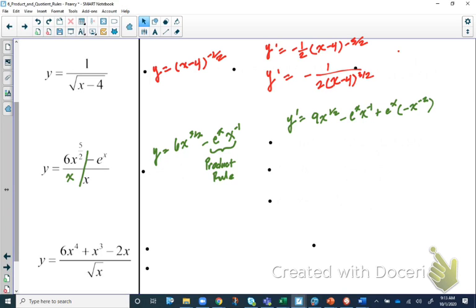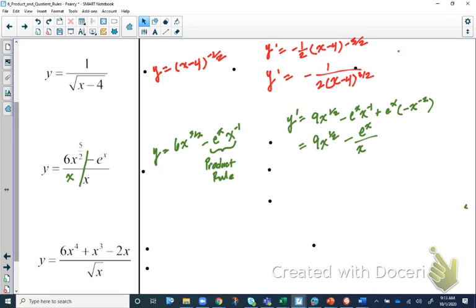And so you can see here that things aren't super pretty with what we have for the power rule. Now the first part, that's still nice, 9 times x to the 1/2 power, or if you want to write it as the square root of x, that's fine. And on the second part in the middle, I'm going to write it as minus e to the x power, and I'm going to move the x to the denominator so I can have it in terms of a positive exponent.